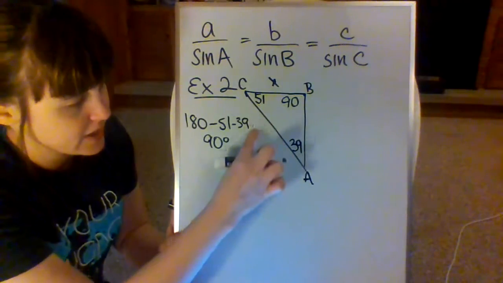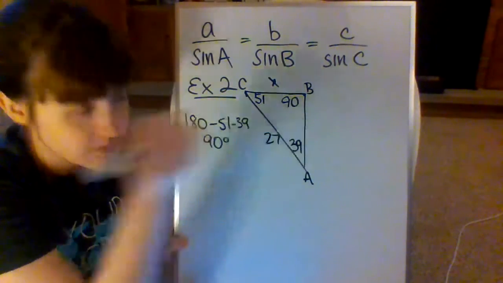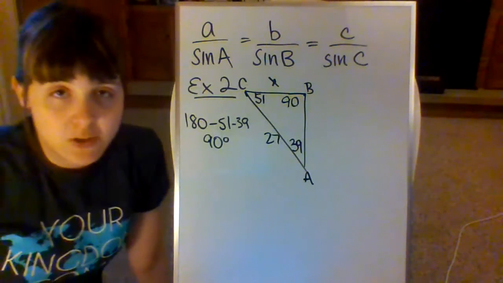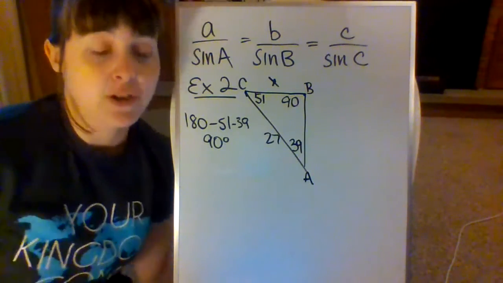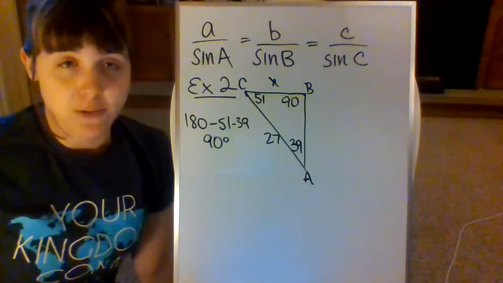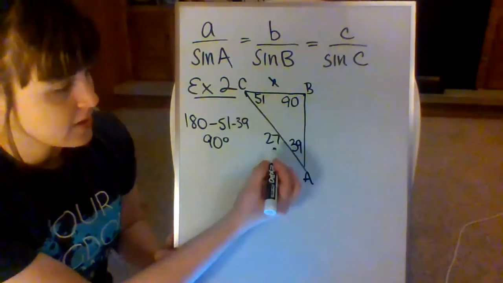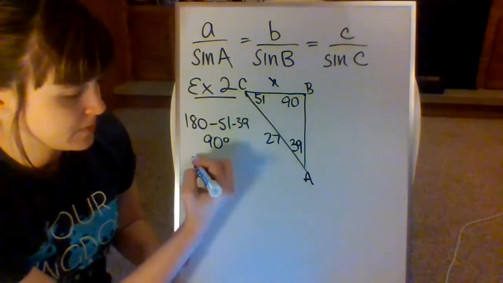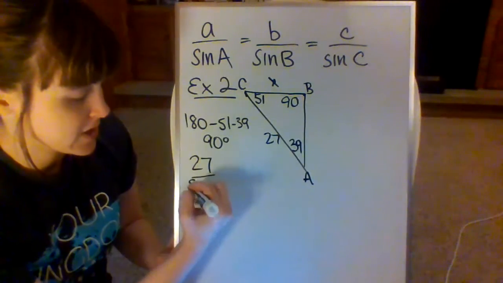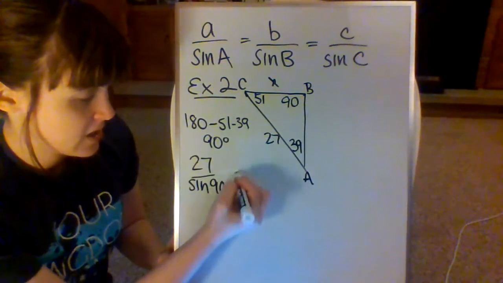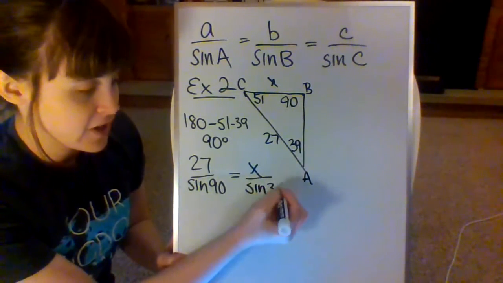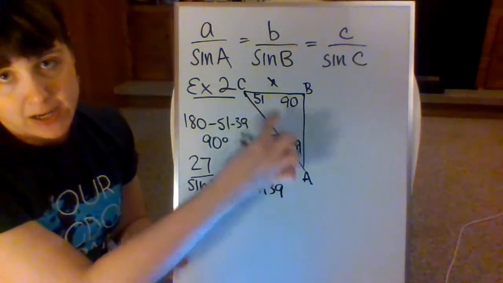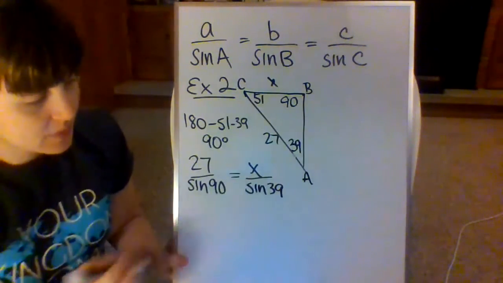I'm going to separate that a little bit. It's too jumbled together. Okay, so now that we know that's 90, we can set up our law of sines proportion to solve for the missing side. So we're going to start with 27 over sine 90 equals x over sine 39, because 39 is opposite x.